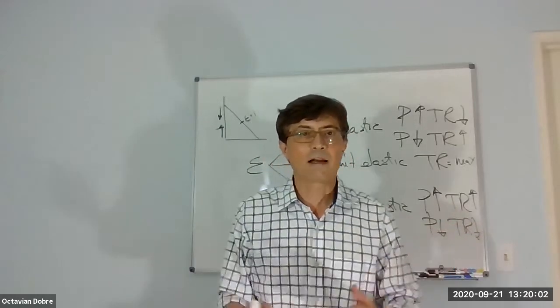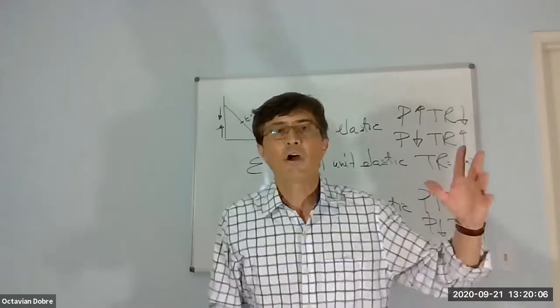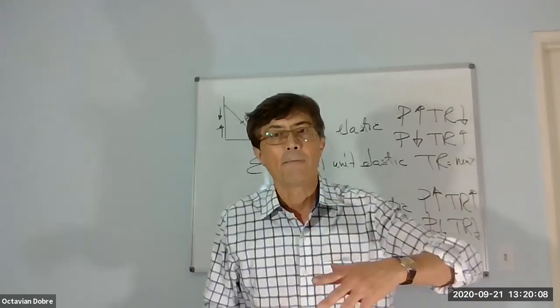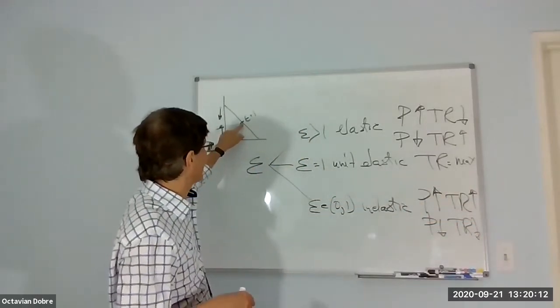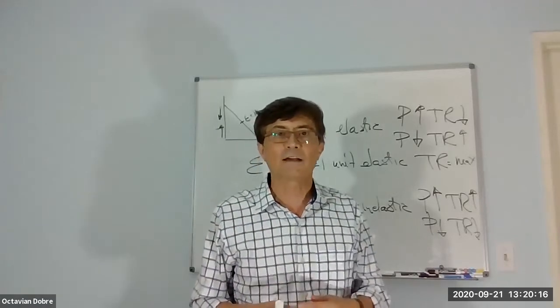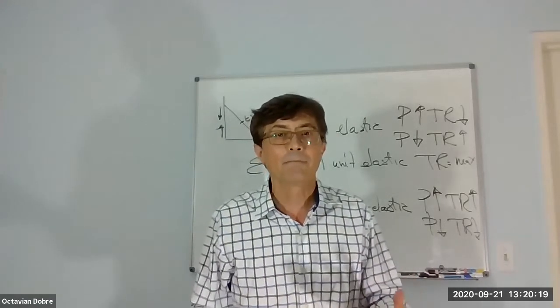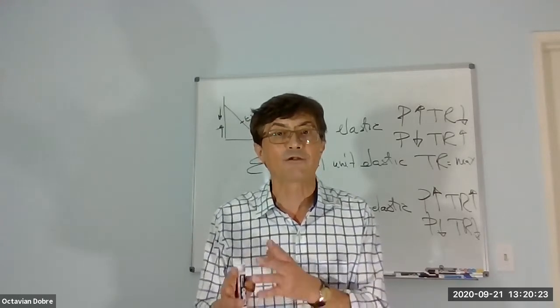Now, somebody may say, well, then we solved the big problem. Firms should always produce at this point on the demand curve at this price because they're going to be able to maximize total revenues. But there's a problem. The goal of the firm is not to maximize total revenue.